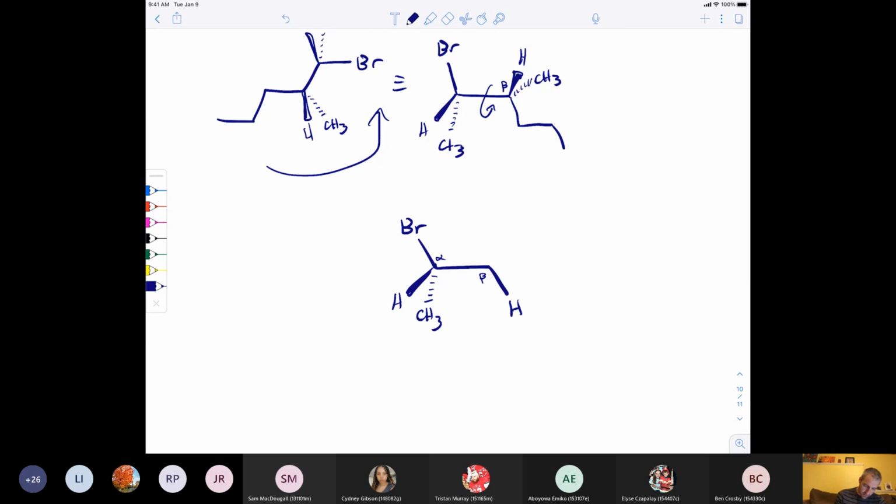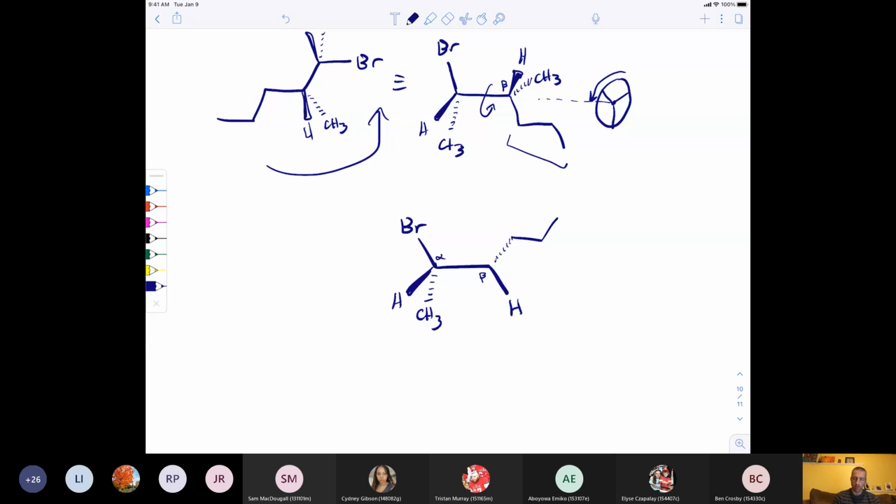So to do that, if you imagine taking that carbon here, tying like a steering wheel to it, and we want to rotate that side of the molecule around that way. So the hydrogen is pointing towards us, it continues coming towards us, and then goes straight down. So what will happen if you do that is this propyl group will kind of get turned in towards the back, like that.